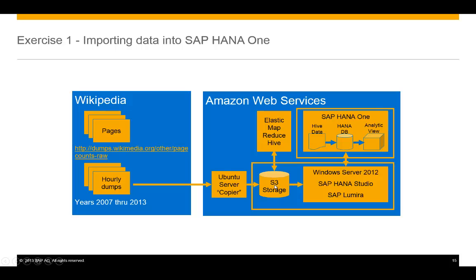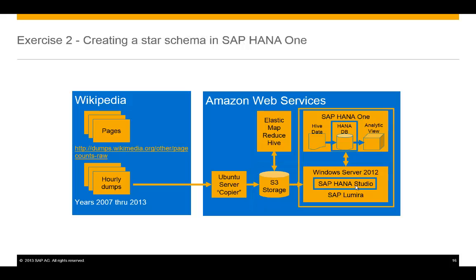You'll see how to import the data from the S3 storage into a staging table on your HANA database using SAP HANA Studio. You'll then go through a process of creating a star schema. So essentially we take that staging table and we add fact tables for project, date, and language to enhance the model.